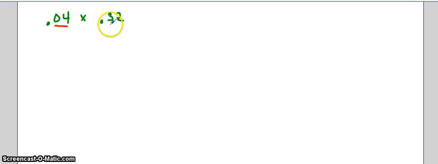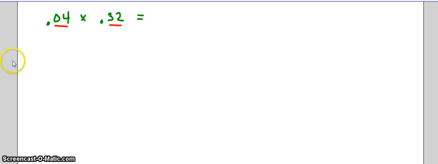So right here we have 2 places, and 2 places here. That means our product should have 4 decimal places. We've got 4 decimal places in our 2 factors combined, so there should be 4 total decimal places in our product as well.